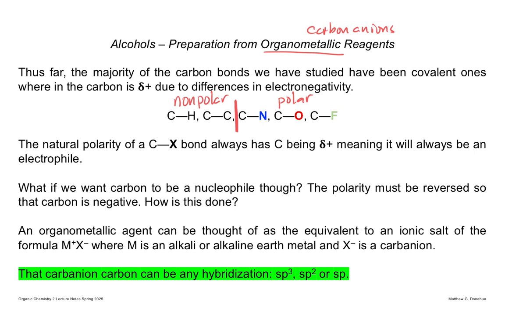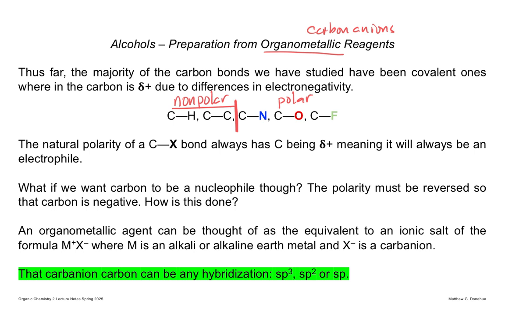To preface this discussion, if we think back to Organic 1, we learned about bonding and changes in electronegativity and what a covalent bond is. There's sort of two types. There's nonpolar, those were your typical CH and CC bonds.